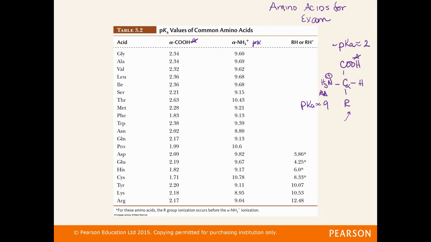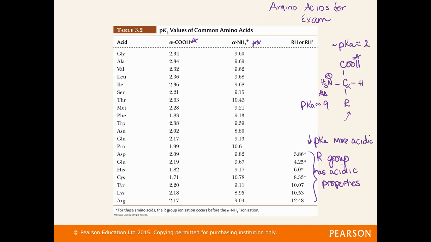But down at the bottom, we do have a group where the R group has acidic properties. Now, they're not all the same. As we've talked about before, the lower the pKa, the more acidic.